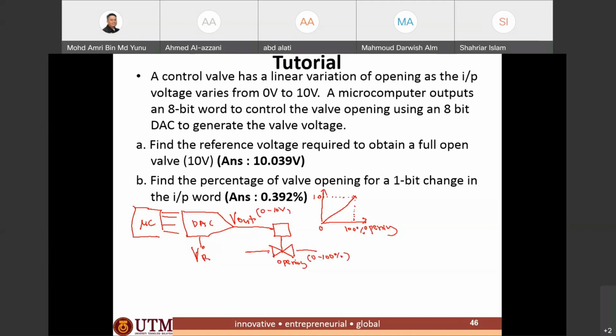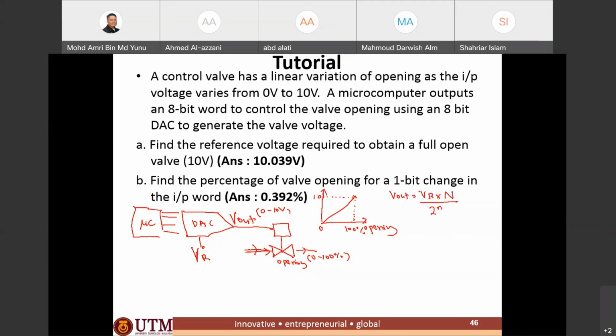The input of the valve can be water flow. So the first question is to find the VR value. Immediately we can use this equation: V out equals VR multiplied by n divided by 2 to the power of n.